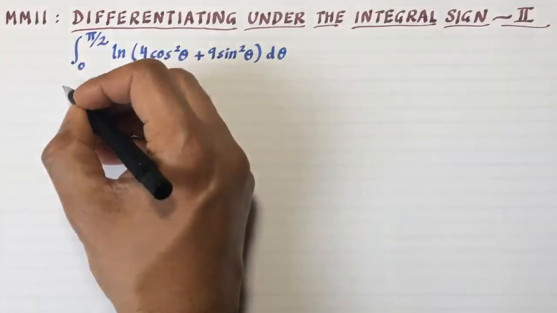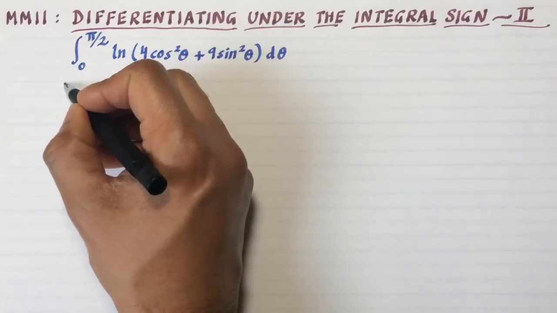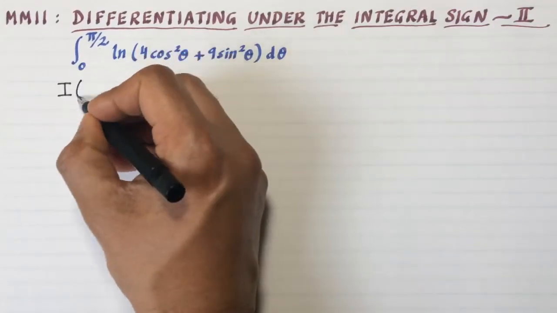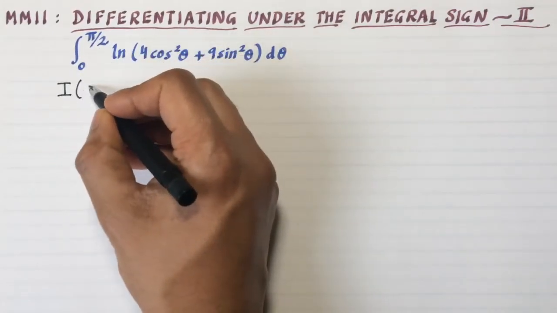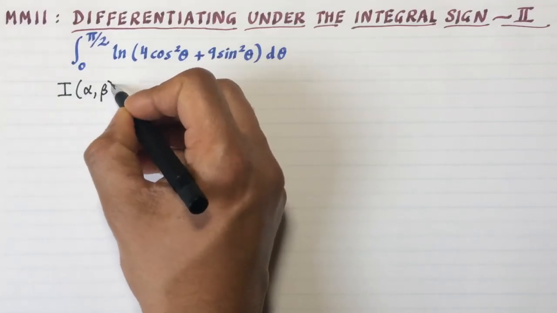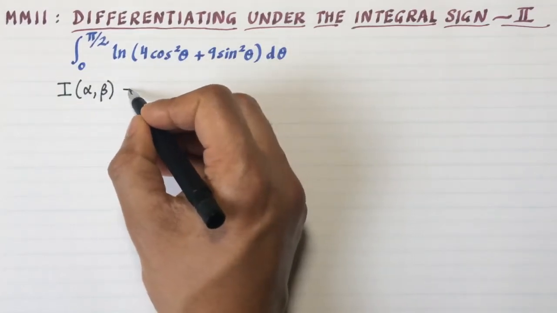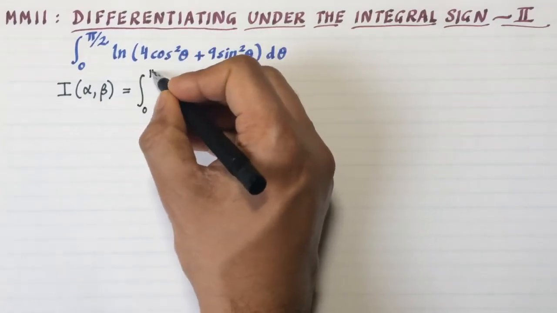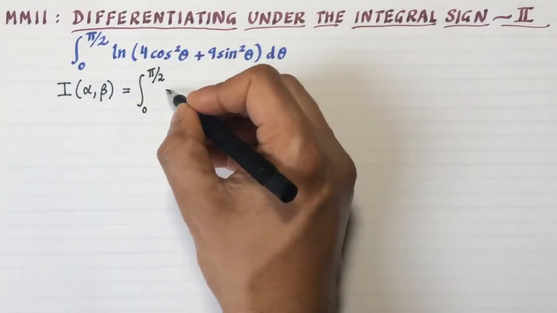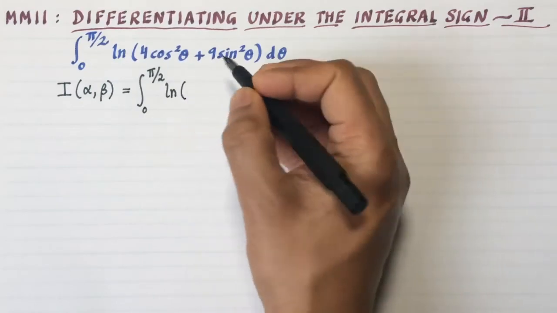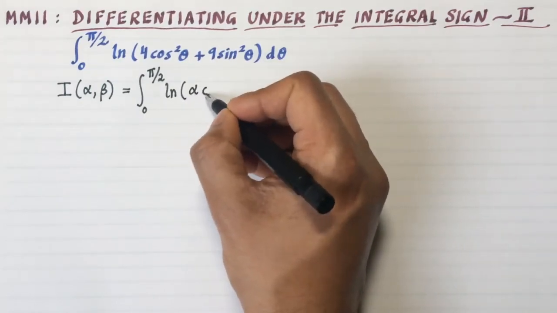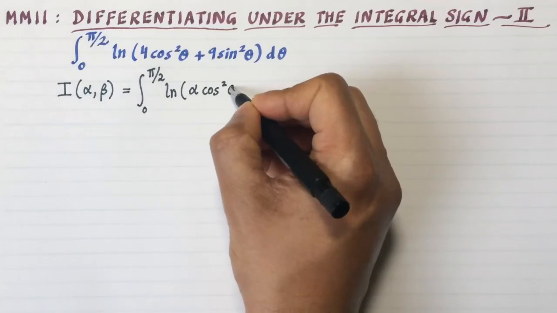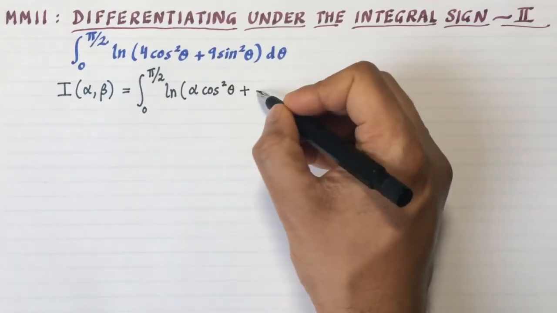Well, the first thing is you've got to be pretty bold and make up an integral for which this is a special case. Let me define an integral I of alpha comma beta to be the integral from 0 to pi over 2 of the natural log. I'll replace 4 by alpha and 9 by beta.